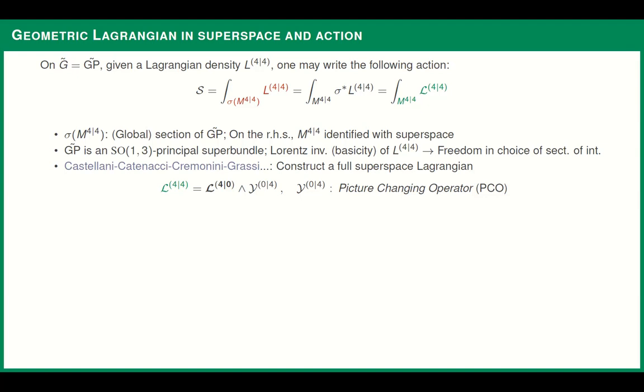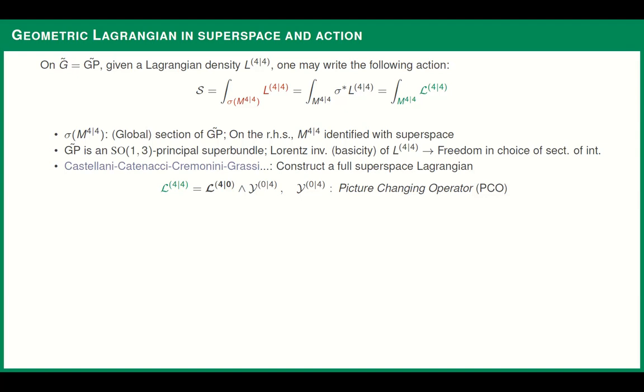Well, we use a bosonic 4-form Lagrangian, and we wedge it with what are called picture changing operators, an object inherited from the string field theory literature, which essentially involve delta forms. This allows one to consistently define the integral and get rid of the extra directions that one can integrate out somehow.